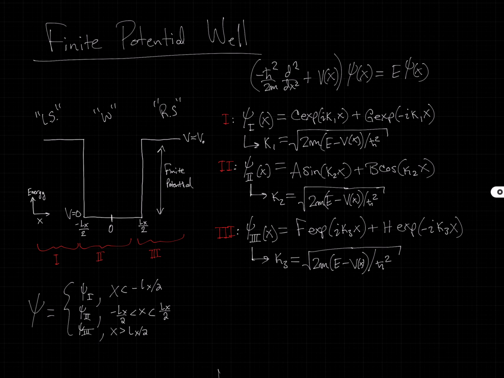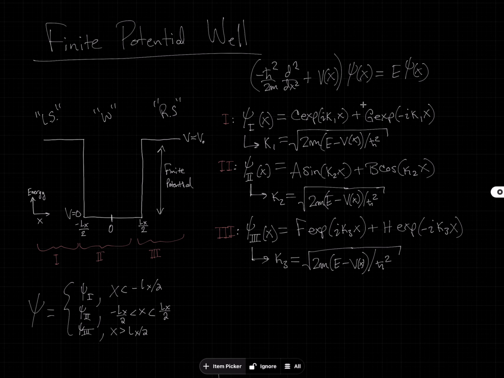There's two solutions for this sort of free particle, the free electron solutions, and they can be written in their exponential form, essentially. So a constant, in this case c, times exponential of ikx plus a constant, in this case g, times the exponential of minus ikx, right?